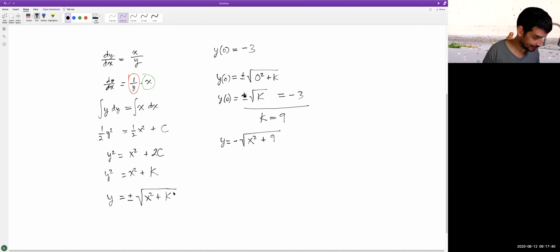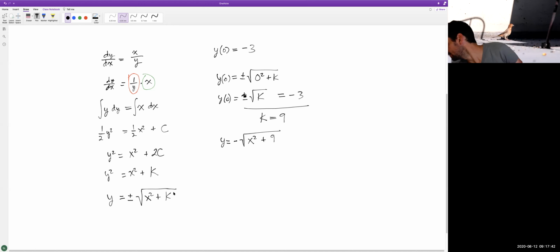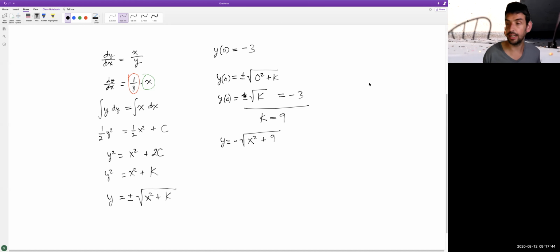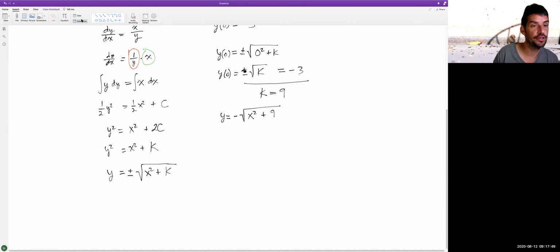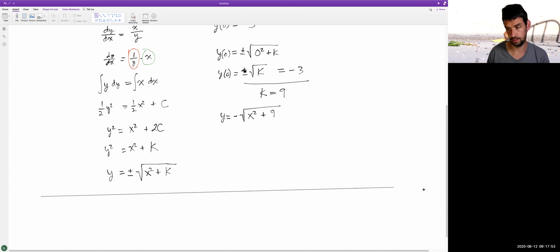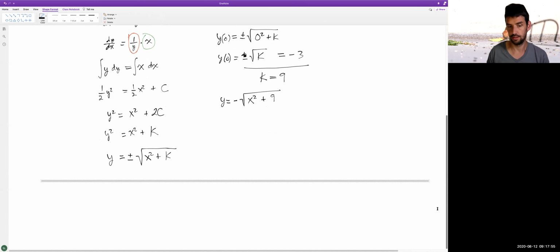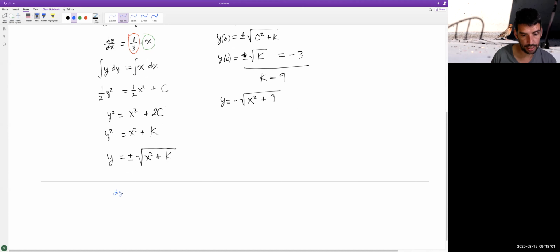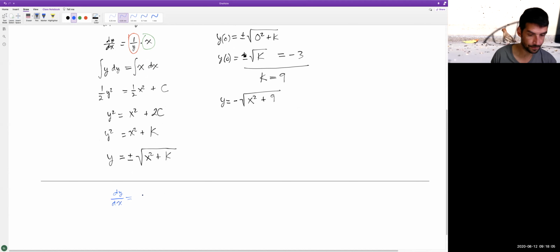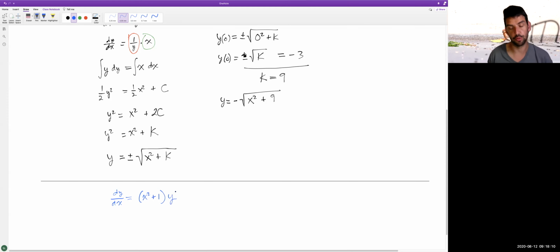Okay. Let's make things more complicated. Let's try a little bit more difficult of an equation. All right, this time we're looking at dy/dx is equal to x squared plus 1 times y.